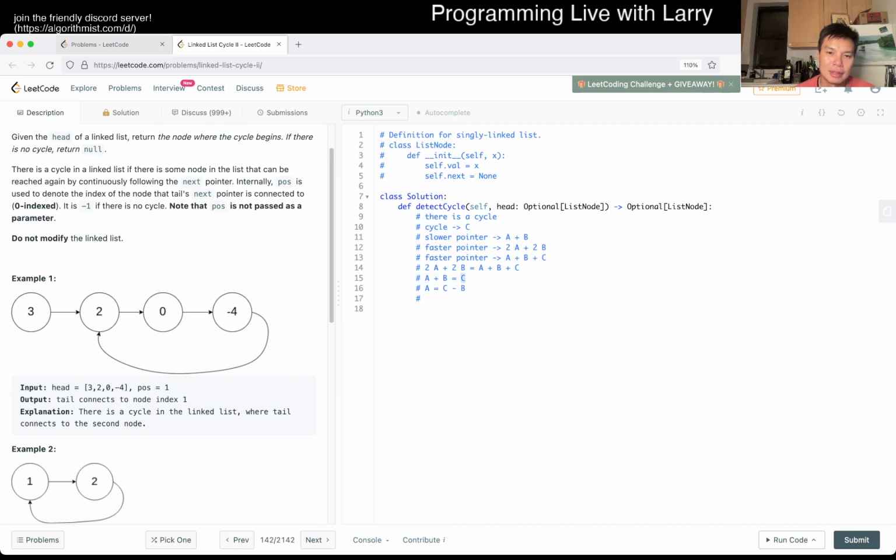So what does that mean? That means that we're in the cycle, and this is the length of the cycle minus B. That means that if we have a pointer that moves B, would that give us A? No, but what we want, so A is equal to this stuff.